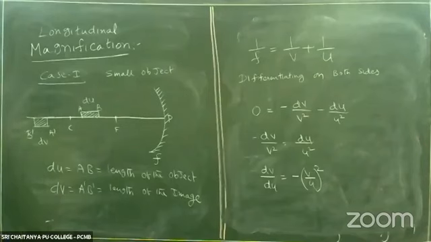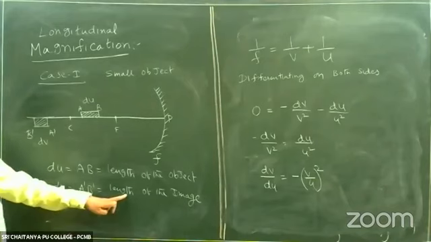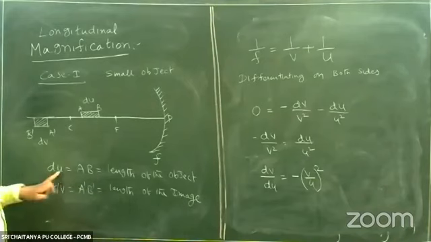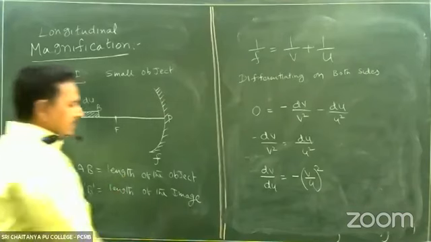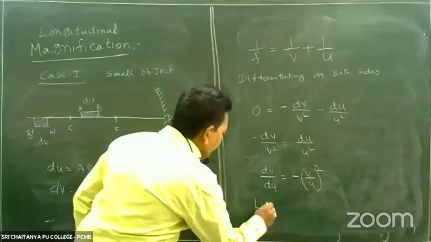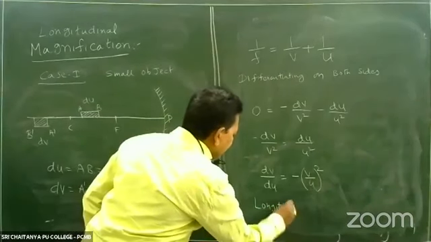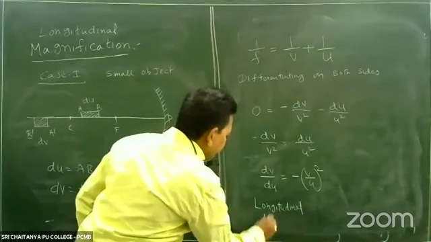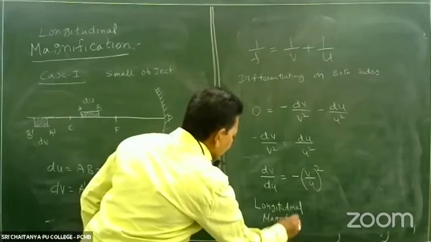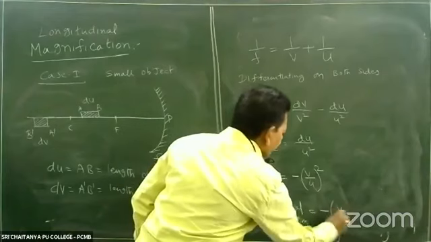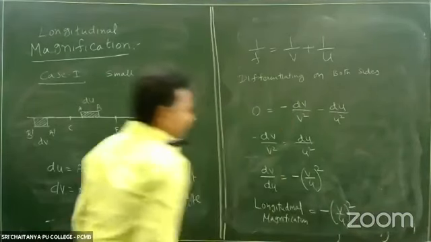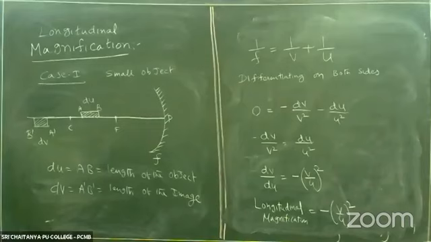But dV is nothing but the length of the image, and dU is nothing but the length of the object. This is nothing but the longitudinal magnification, which is equal to minus (V by U) whole square.